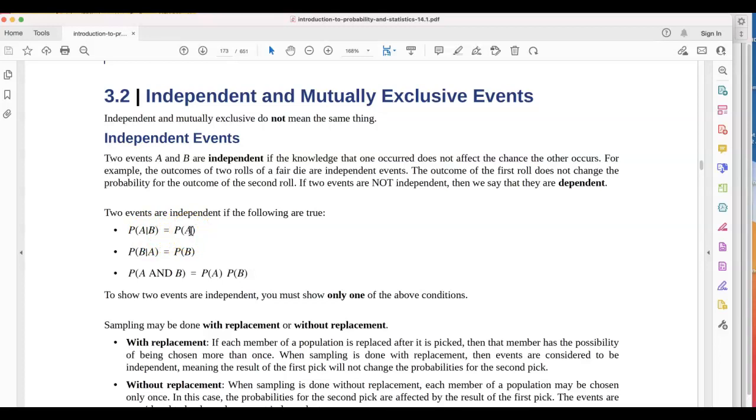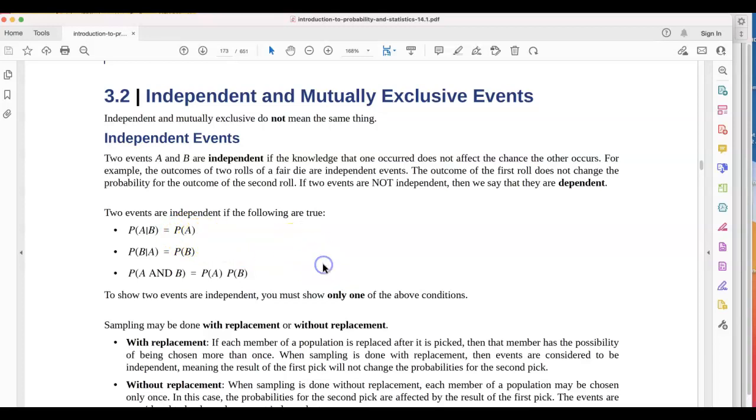So if those two probabilities are the same, then the two events are independent. We can also say if we do the AND portion, P of A and B, that's going to be the same as the multiplication of P of A and P of B. If that multiplication is the same as an AND, then that's how we check it. But usually we just check it with a conditional. We run a conditional and we run the normal and see if those fractions are the same.